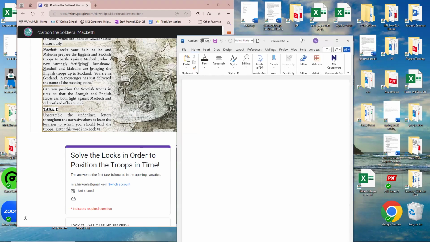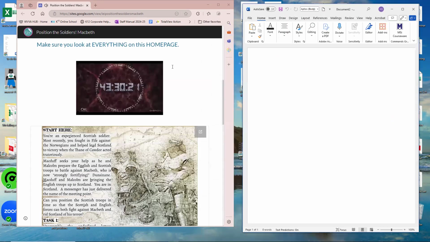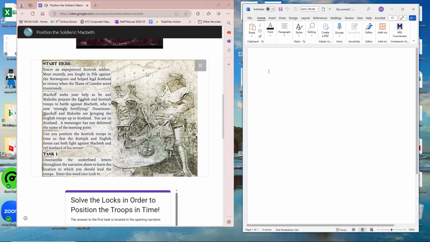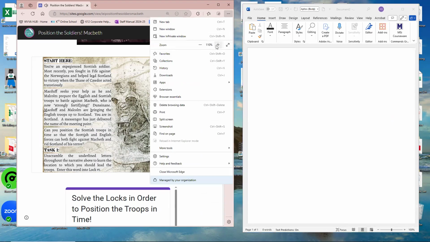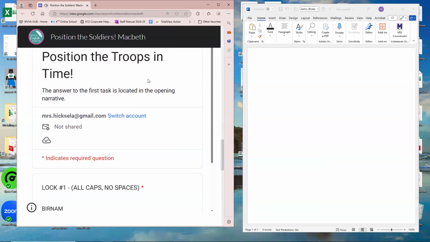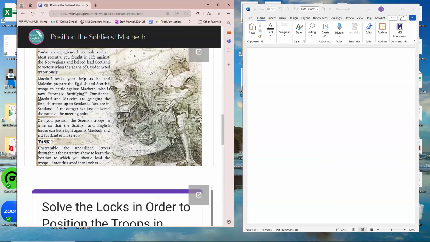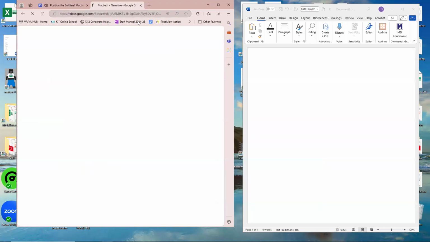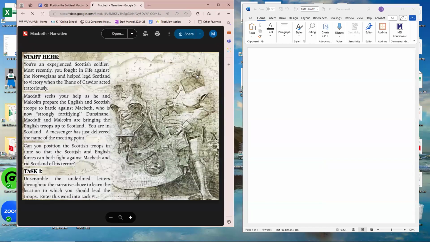And let's see what letters we have. So that puts it in here where it's easier for me to see. It just opens it up.